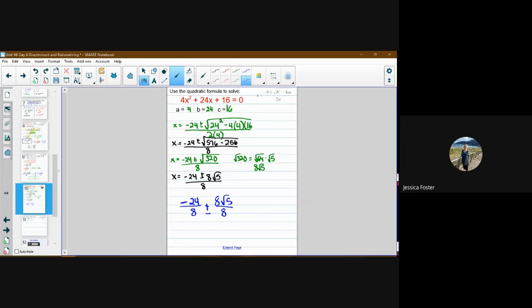So it looks like we can simplify this as negative 24 divided by 8 is negative 3, plus or minus, well, I have an 8 right here, I have an 8 right here, so those two can cancel out. So we've got the square root of 5. X equals negative 3 plus or minus the square root of 5. There you go.